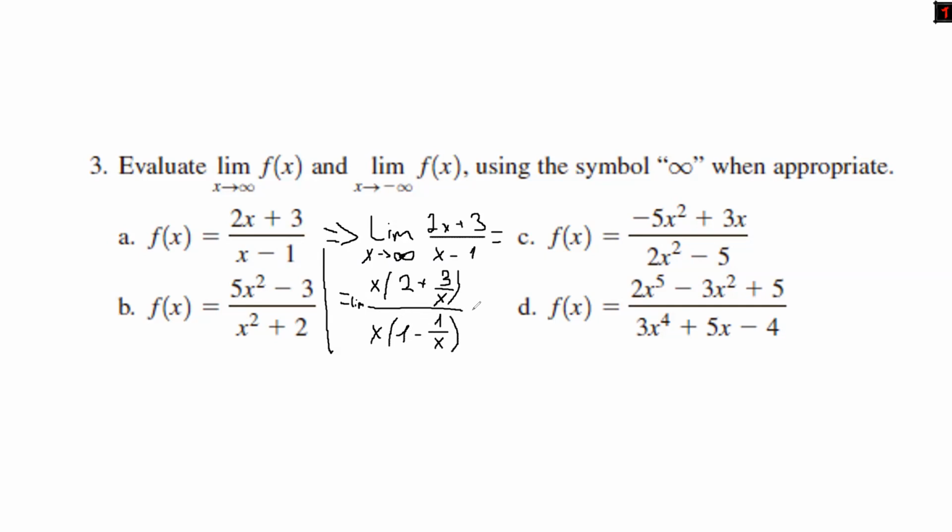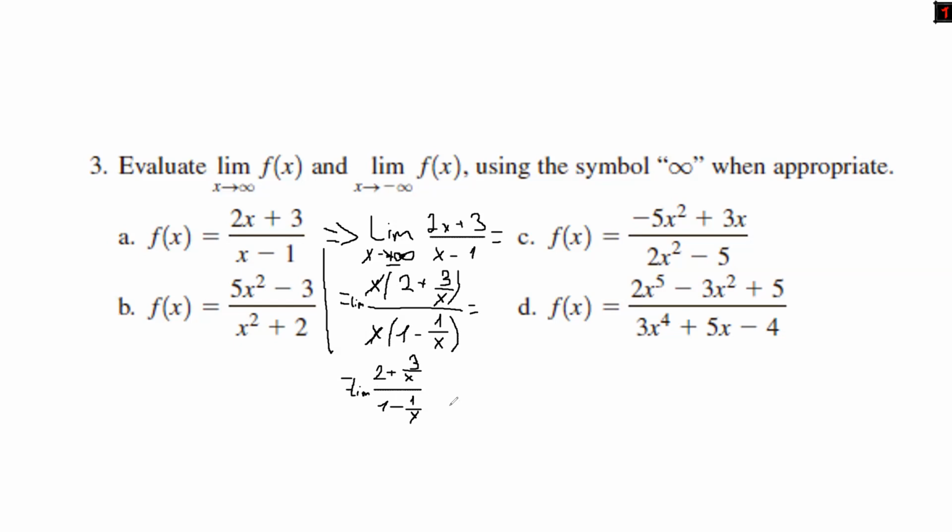And now we simplify it. We have the common factor x, and we have 2 plus 3 over x, over 1 subtract 1 over x. Now we're going to substitute x for plus or minus infinity.